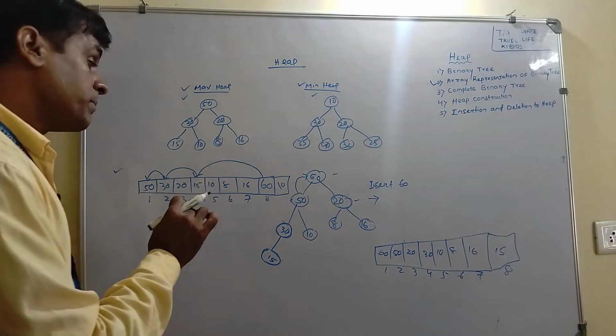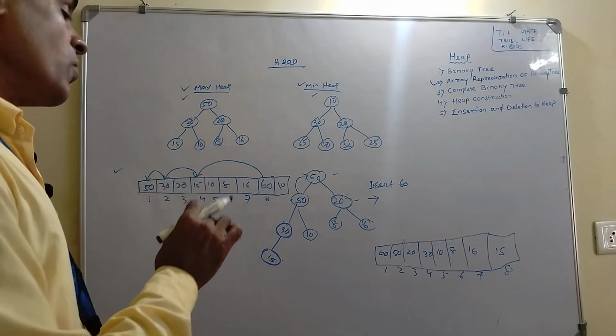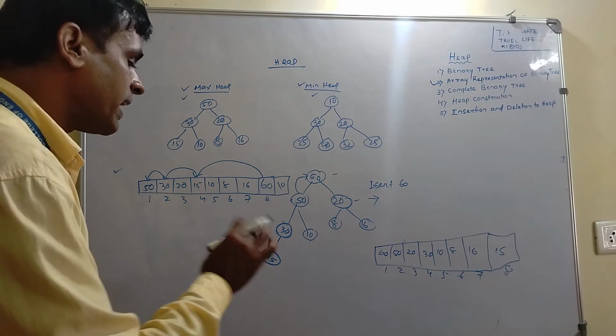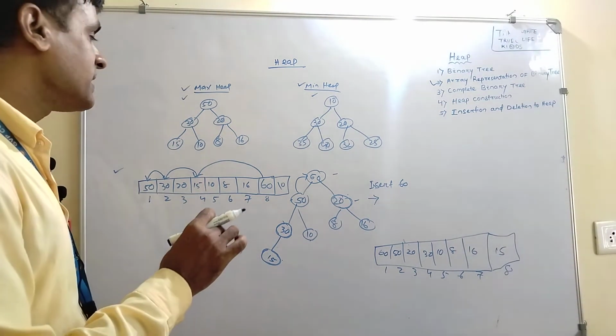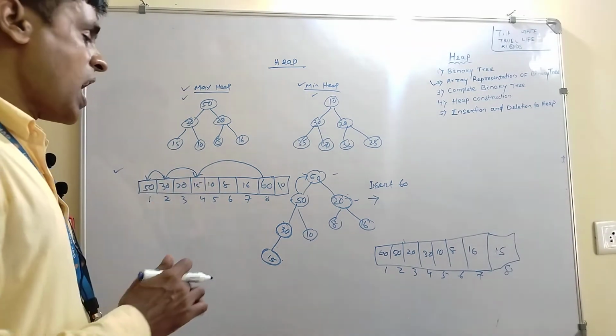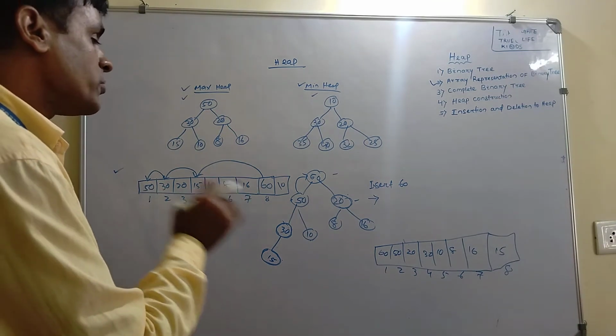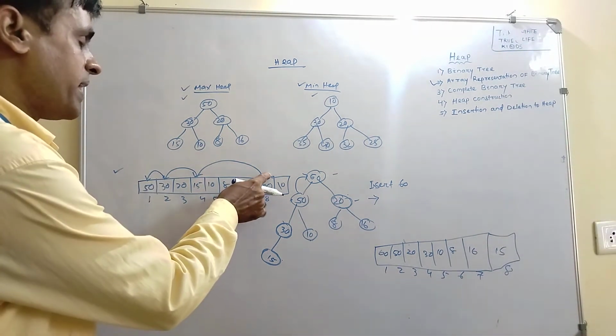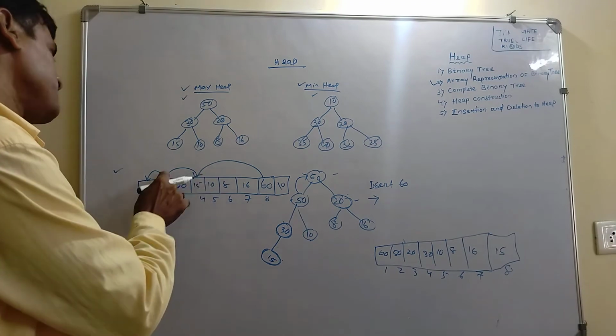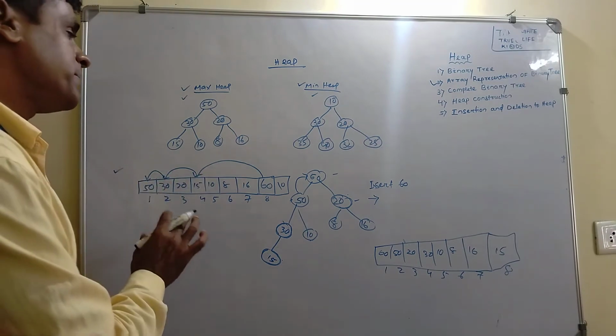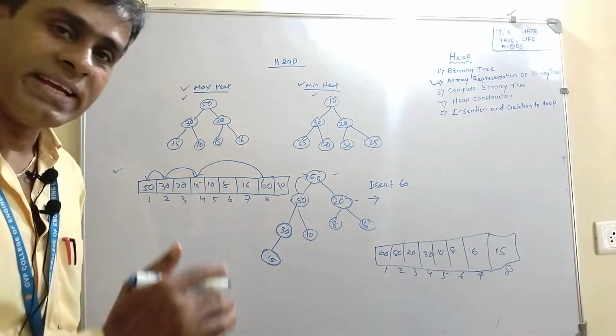But one important question is, whenever you are inserting one element, what is the time complexity? How many times are you comparing? First you compare with its parent, then its parent, then its parent. That means it depends upon the height of the tree.